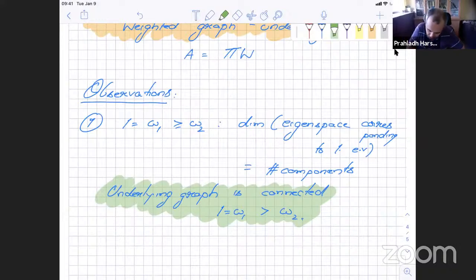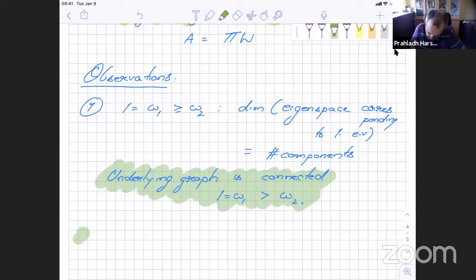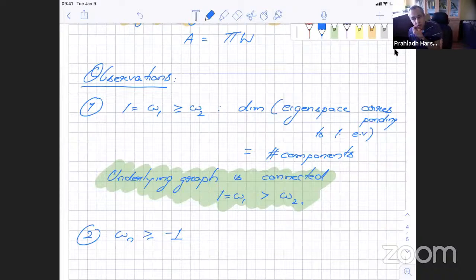But before that, I want to do a couple more preparations. One thing is omega n. Omega n we saw was always greater than or equal to -1. Now, if the underlying graph is bipartite, then there is an obvious choice for the eigenvector corresponding to omega n.